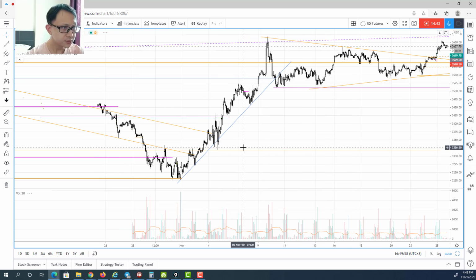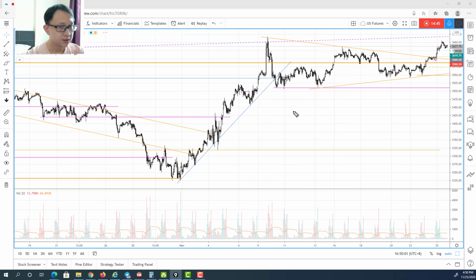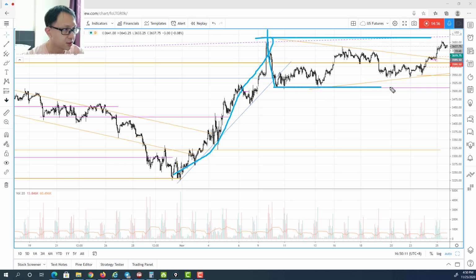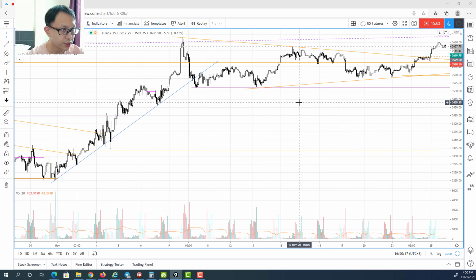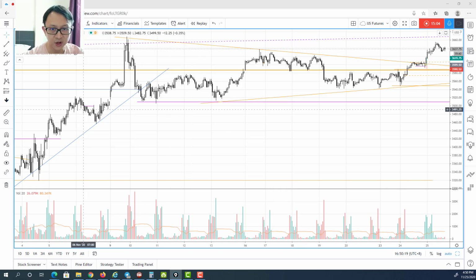So that's, I think, a very logical thing for the structure to play out. Once we have this climactic up move, change of character, which kind of defines the trading range, but instead of having this horizontal or traditional type of trading range, we see the S&P 500 entering into this symmetrical triangle.